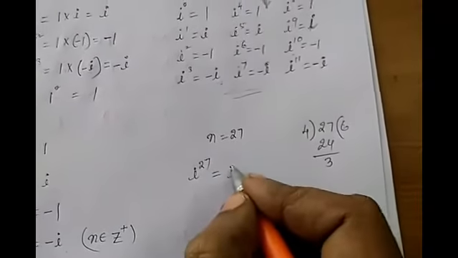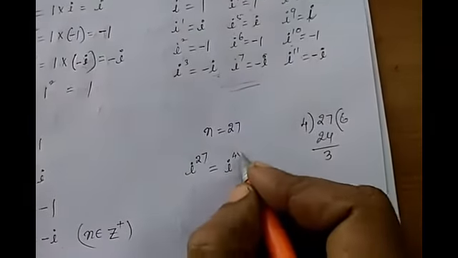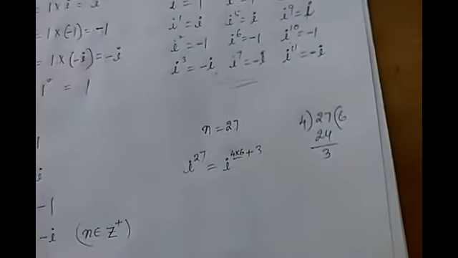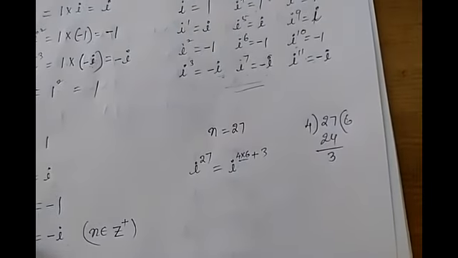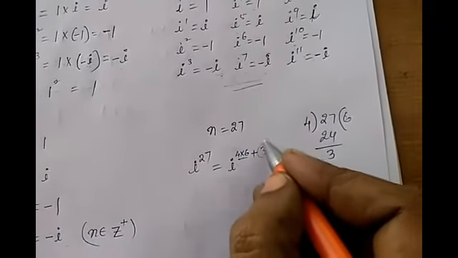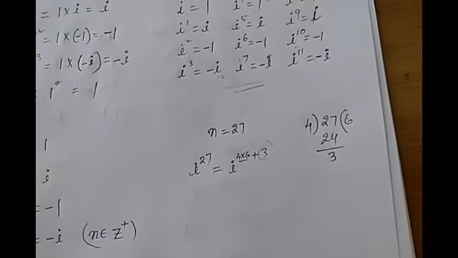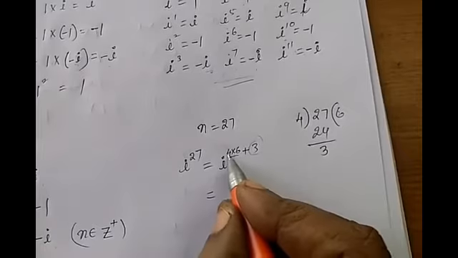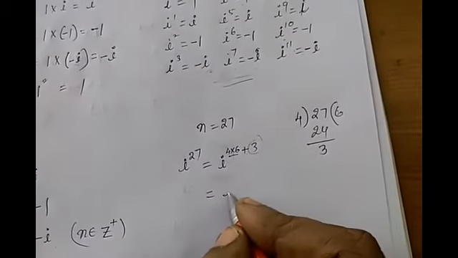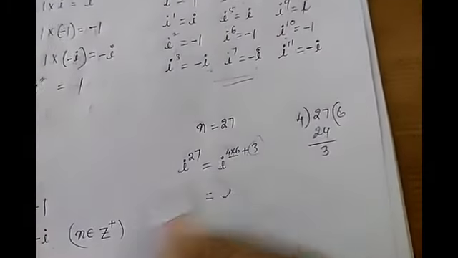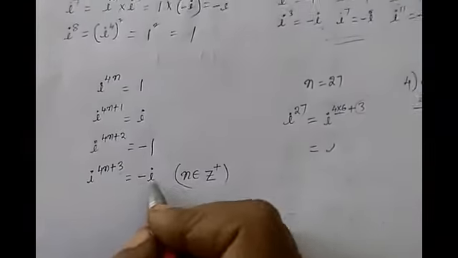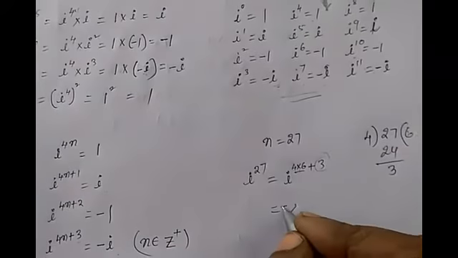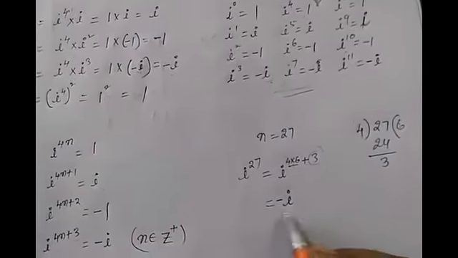That means 27 can be written as 4 into 6 plus 3. This is in the form of 4n plus 3. According to the remainder, we can follow the values of i. So i power 27 can be written as i power 4 into 6 plus 3. By using the formula i power 4n plus 3 equals minus i, the value of i power 27 is minus i.